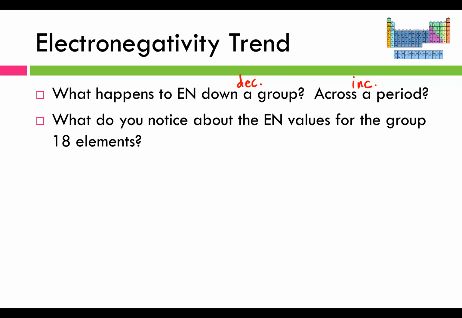What do you notice about the electronegativity values for most of the group 18 elements? Helium's group 18, there is a dash. Neon, also group 18, dash. Argon, group 18, dash. Krypton, number 36, group 18, also a dash. These are not listed or not provided.